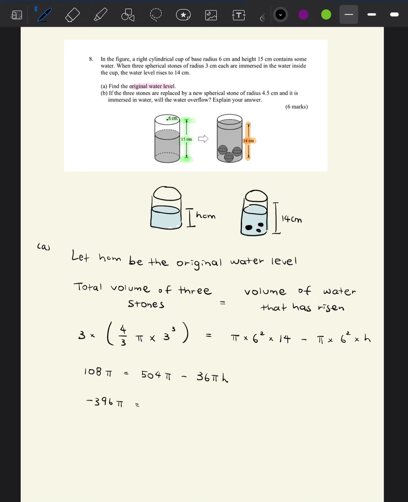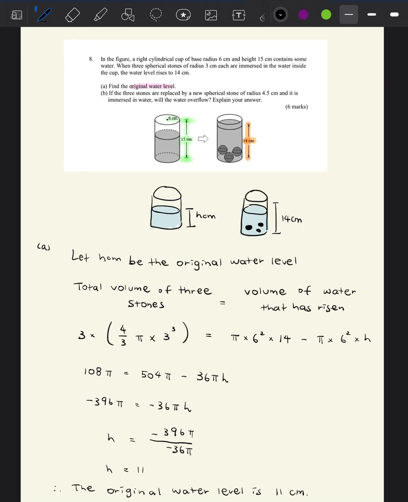You get minus 396 pi on the left hand side, minus 36 pi h on the right hand side, and when you divide minus 396 pi by minus 36 pi, then h will be 11. And in this case, you can say that the original water level is 11 cm. So this is what they ask in part A.